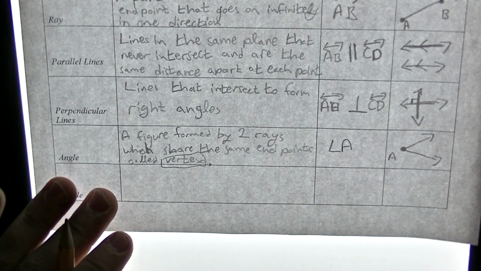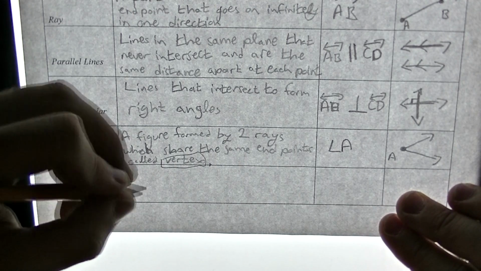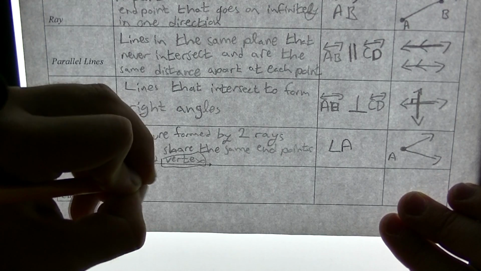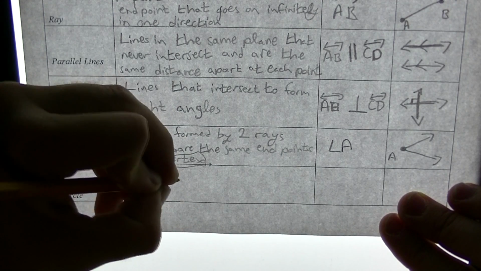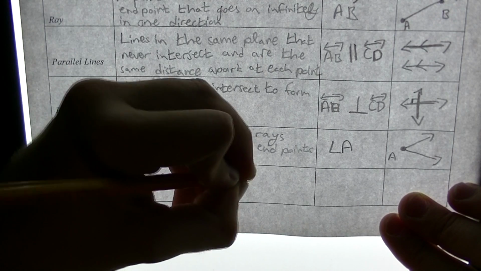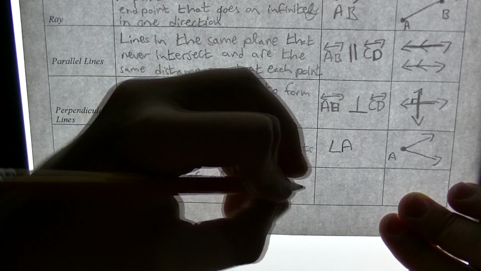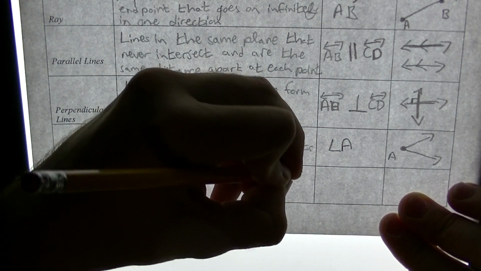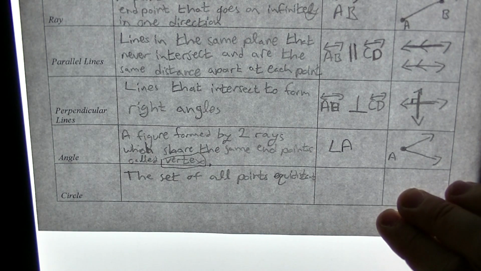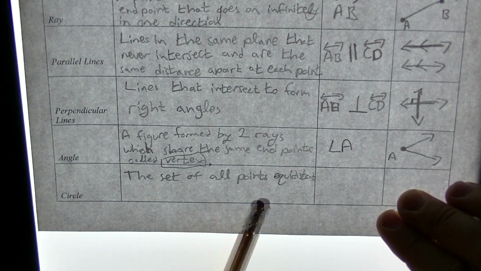The final word that we need to go over is a circle. So, a circle is the set of all points equidistant. I don't have an eraser.